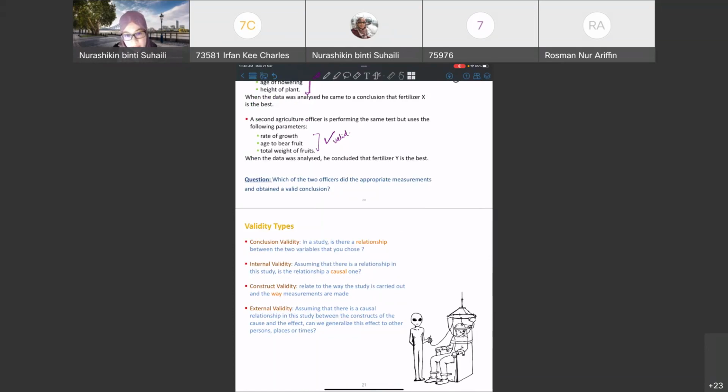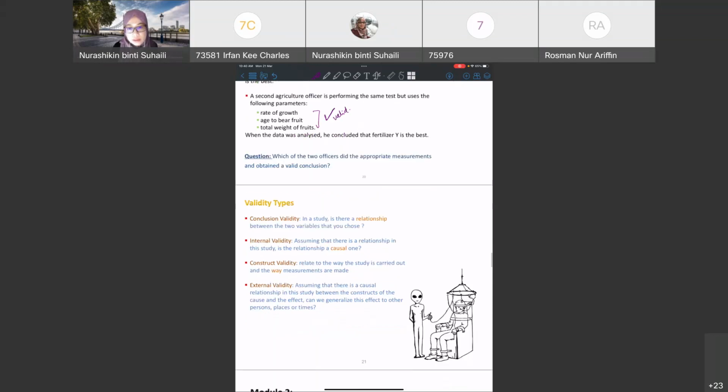And then internal validity: assuming that there is a relationship, is the relationship a causal one? What is the internal factor that causes the relationship?